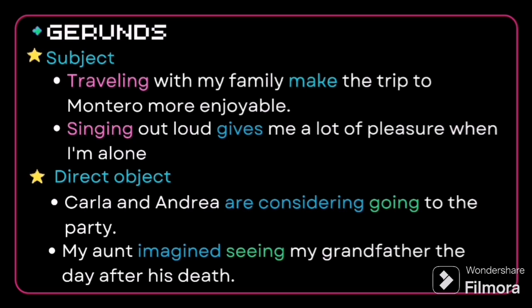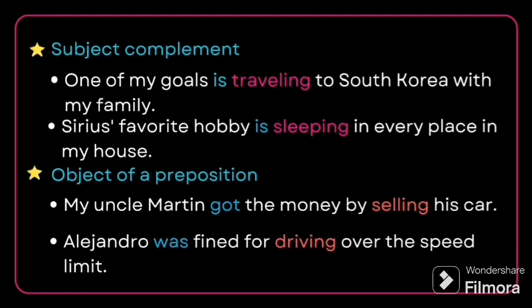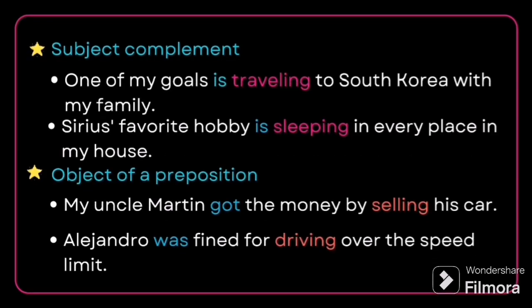Next example: my aunt imagined seeing my grandfather the day after his death. My aunt is the subject, imagined is the verb, and seeing my grandfather is the direct object. Now, third function, subject complement. One of my goals is traveling to South Korea with my family.